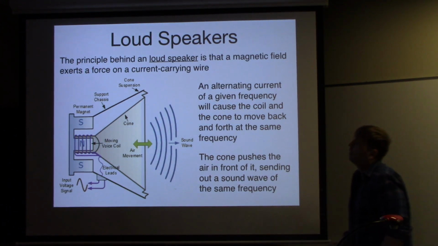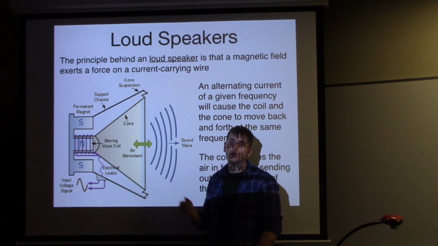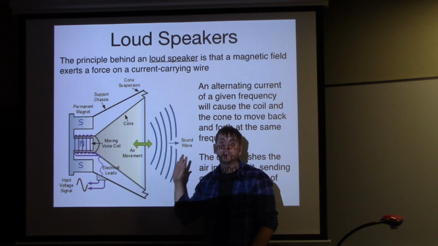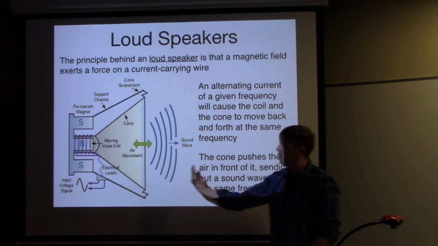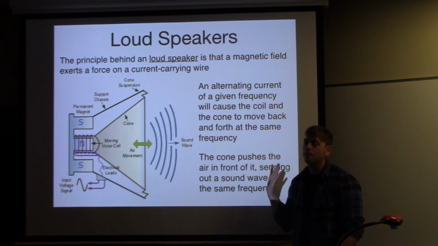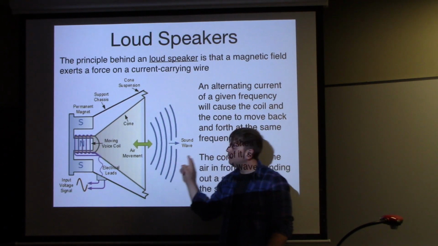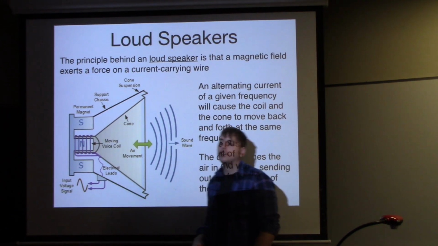Now, this cone is pushing against air, which is right next to it. And if I have this back and forth motion of the cone pushing against the air, that actually creates a sound wave, which then moves through the air. Now, crucially, that sound wave has the exact same frequency as the current that we put into it.